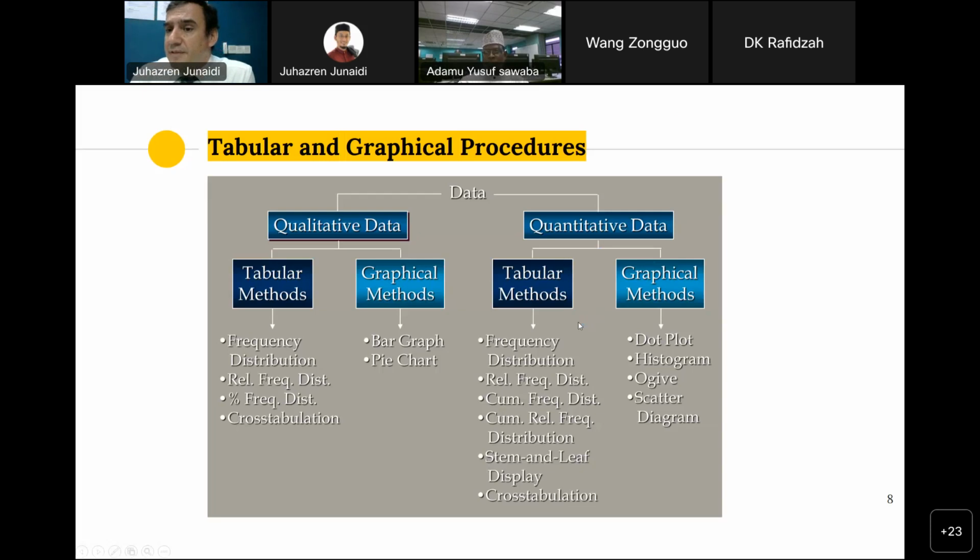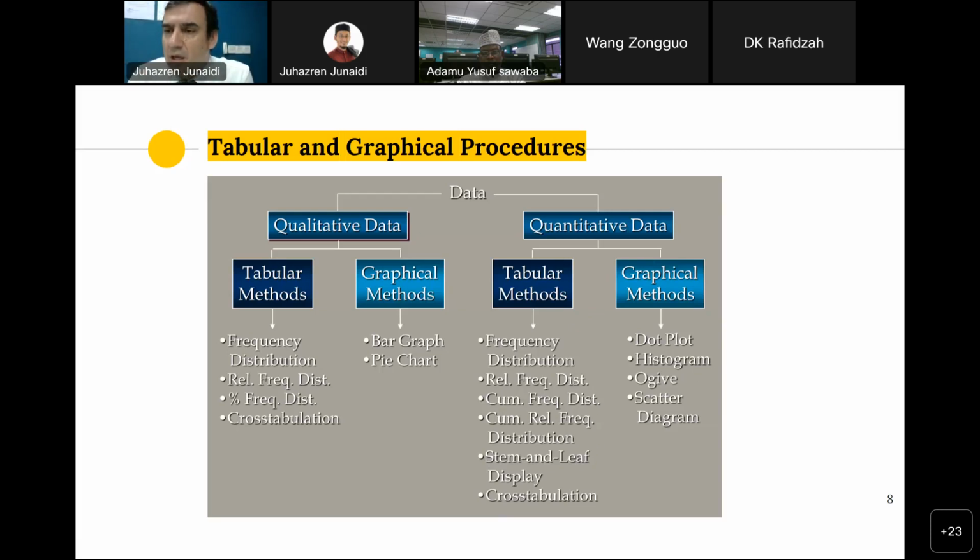In the quantitative data, we can use the tabular method, especially for descriptive analysis. We can use the frequency distribution, relative frequency distribution, cumulative frequency distribution, cumulative relative frequency distribution. Stem and leaf display, cross-tabulation are all tabular methods for presenting quantitative data descriptively.